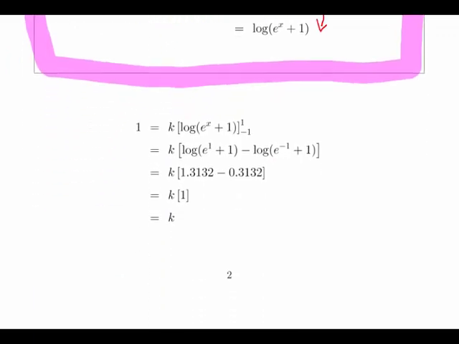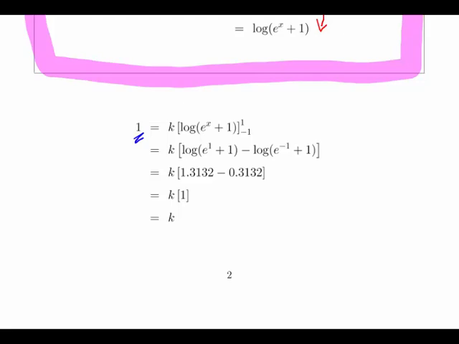Anyway, what we have to do here is solve that. So 1 equals k times the log of the exponential of x plus 1, evaluated from minus 1 to 1. That is log of e to the 1 plus 1, minus log of the exponential of minus 1 plus 1.